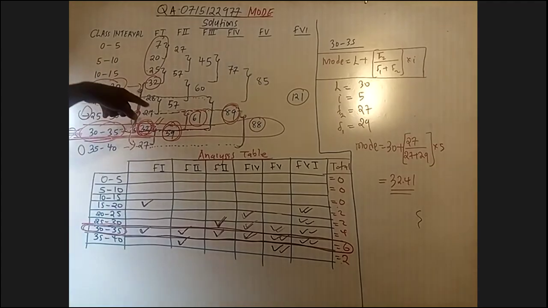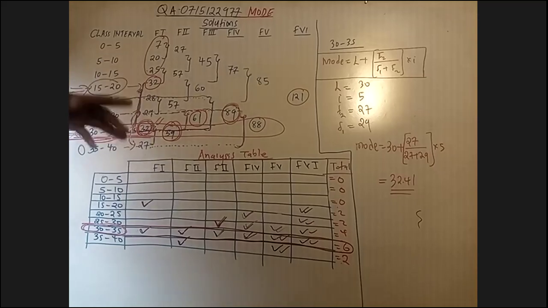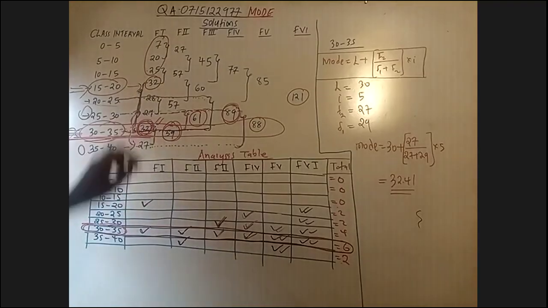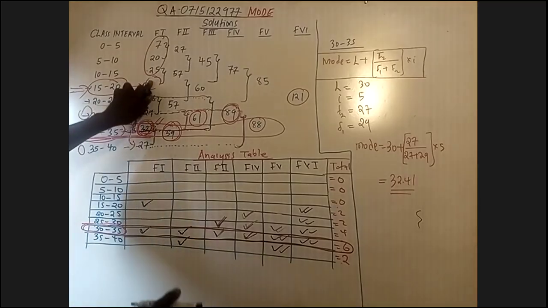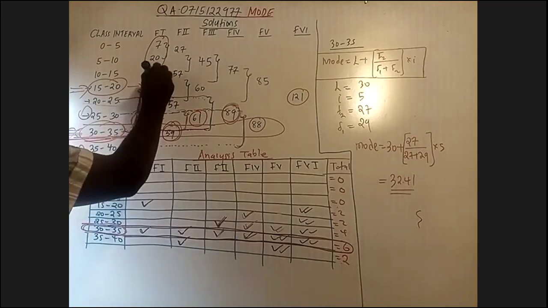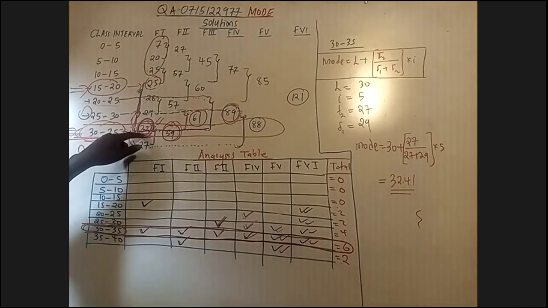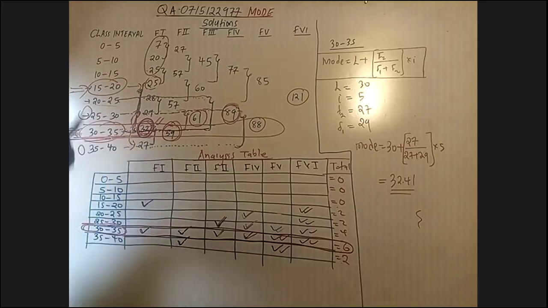And where our frequencies are many. Like 32 and 32, we are not sure where it lies. In that case, you can use this one. But in the case where you have, let us assume this one 32 was 25. Now, by observation, we know our model class is 32. And then we would say 32 is our mode, which lies between 30 to 35.